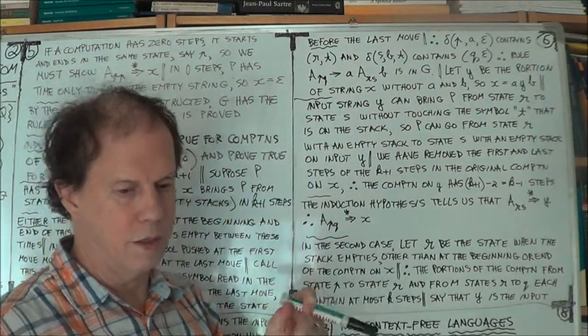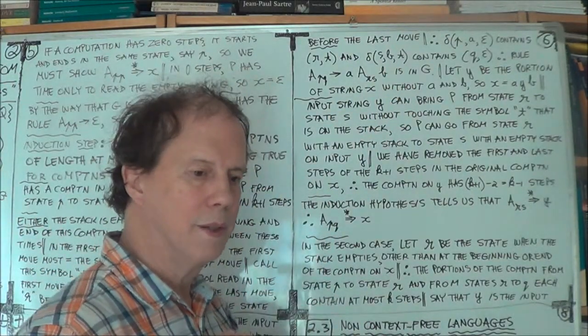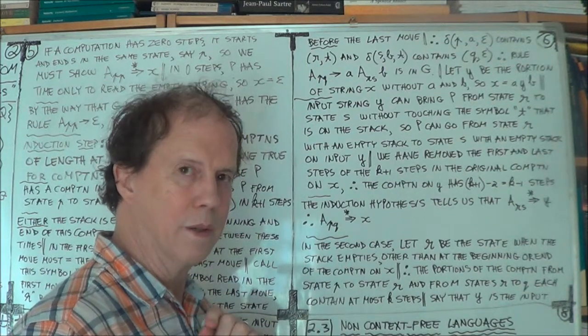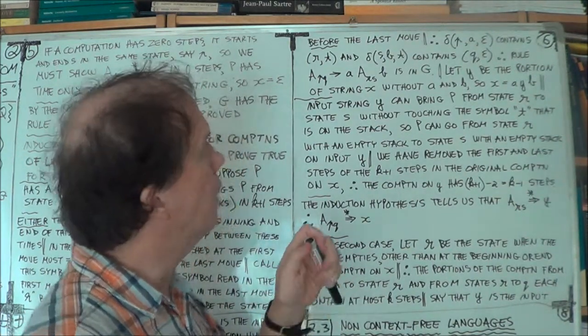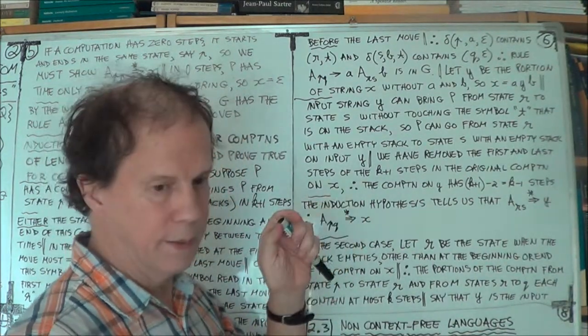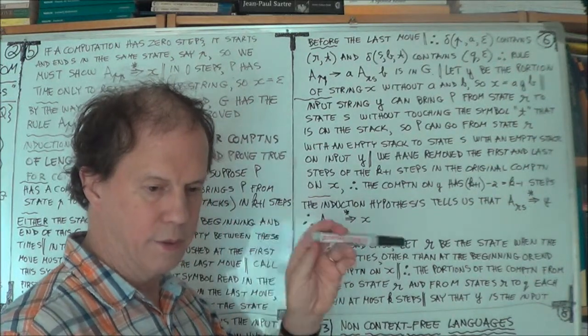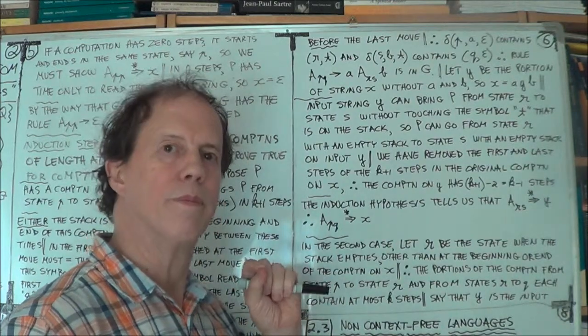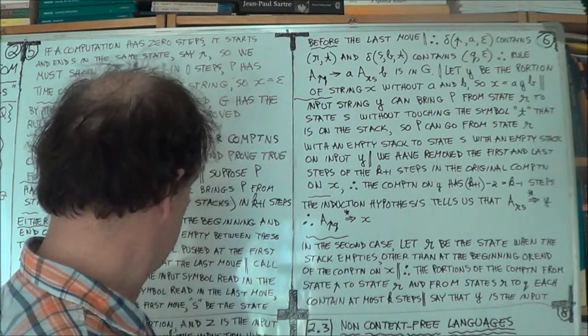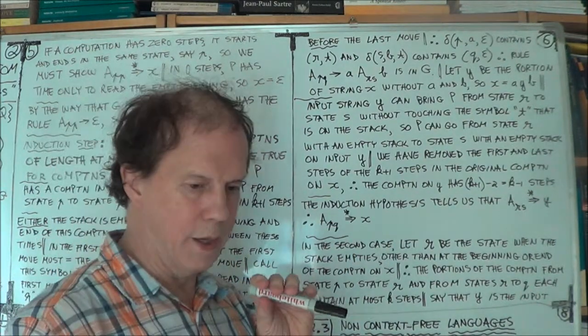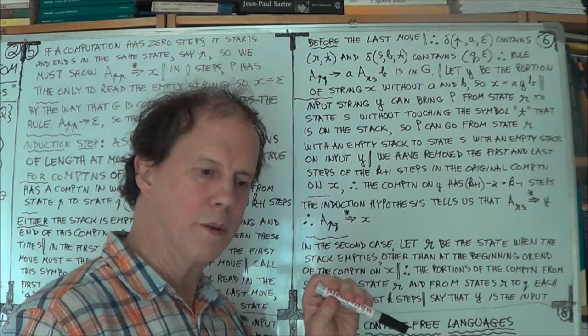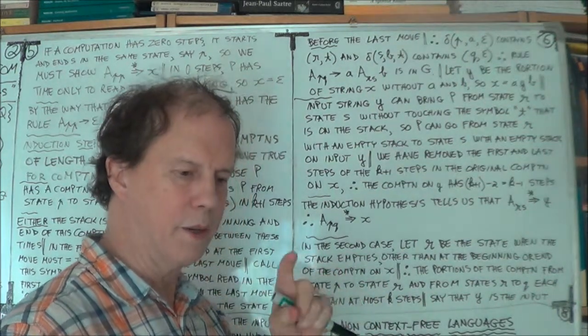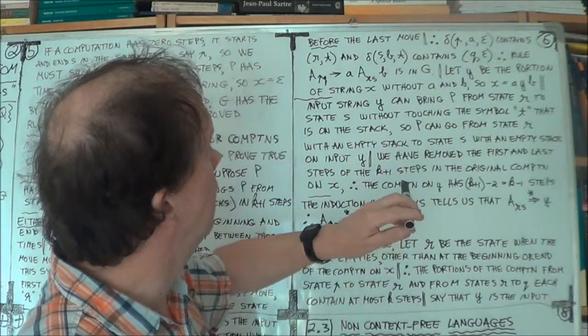So you read your little b, that's the last symbol that you read in your substring X, and then you'll switch to state q. So s is the state just prior to state little q.